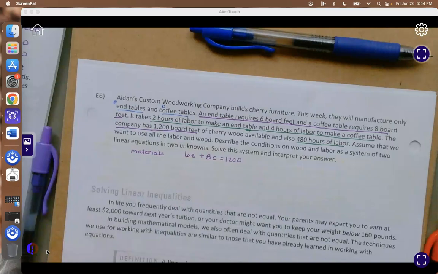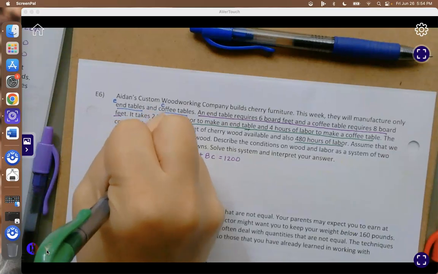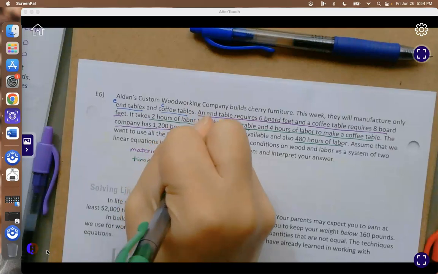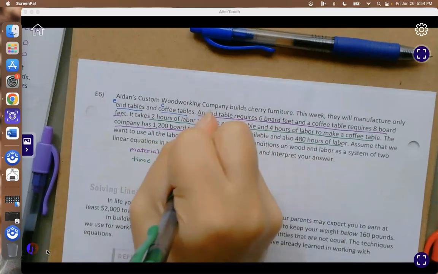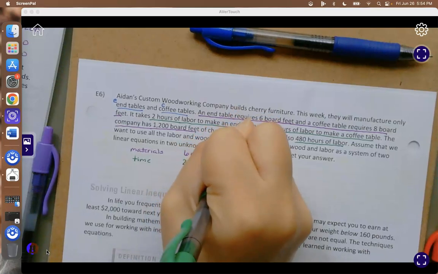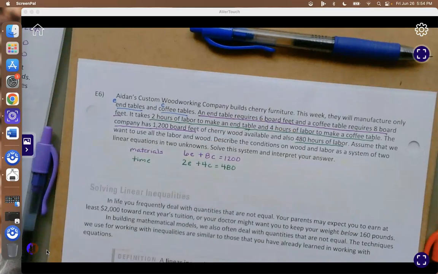That's what we got. Okay, now let's go time. So we have 2 hours to make end tables and 4 hours to make coffee tables. And our hours have to total up to 480. Now we just need to solve this.